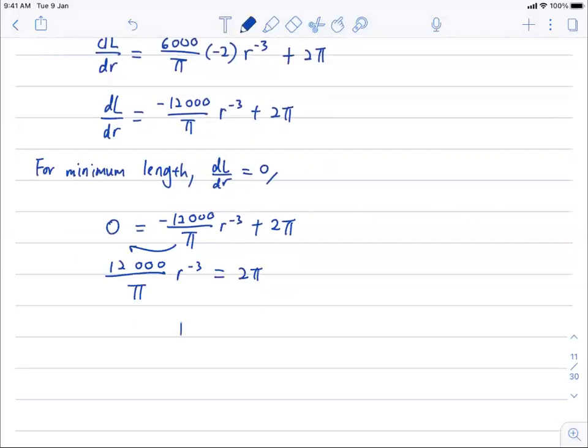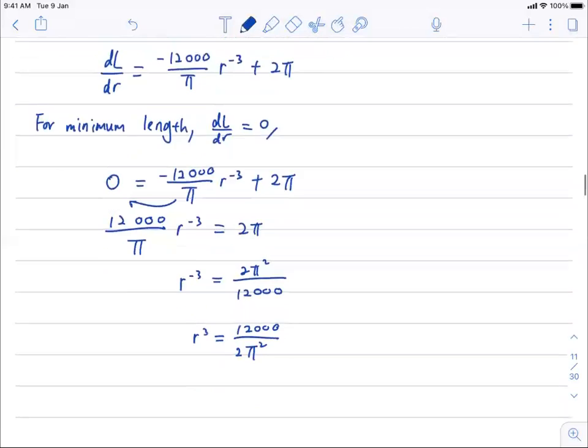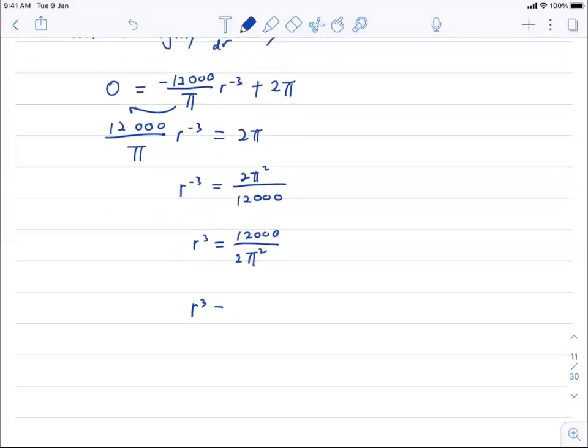So lastly, it becomes r to the power of -3 equal to pi squared divided by 12,000... Then rearrange it again, it becomes r cubed equal to 12,000 divided by 2 pi squared. So r is equal to the cube root of 12,000 divided by 2 pi squared.